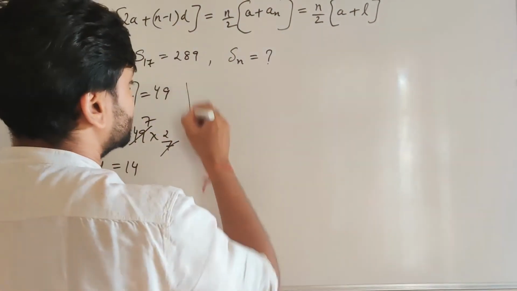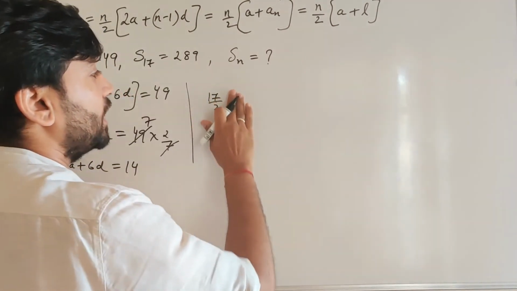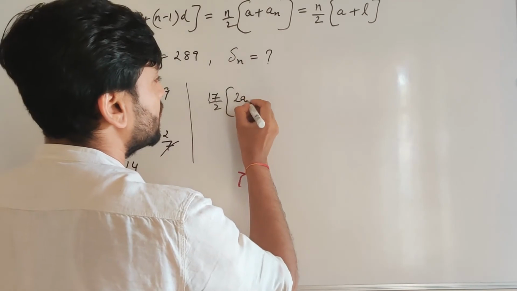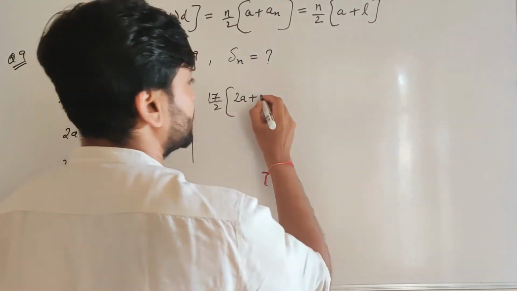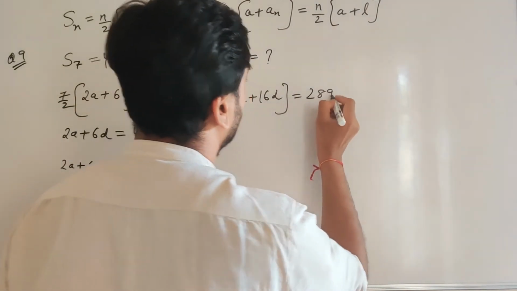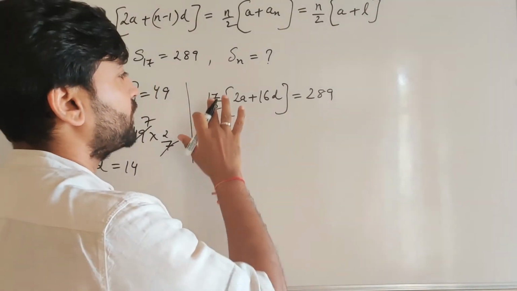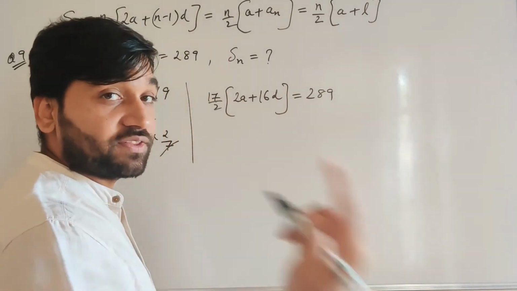S17, I'll use the respective formula here as well. 17 by 2, n by 2 into 2a plus 17 minus 1 into d, which is 16d. So this equals 289. Okay, I've used the formula for S17. So the 17 by 2 goes to the other side, you take the reciprocal.